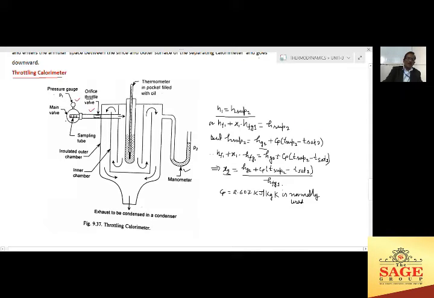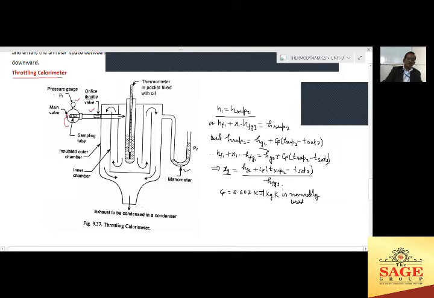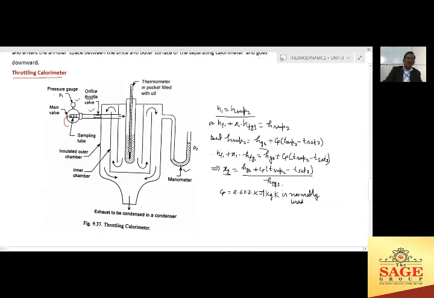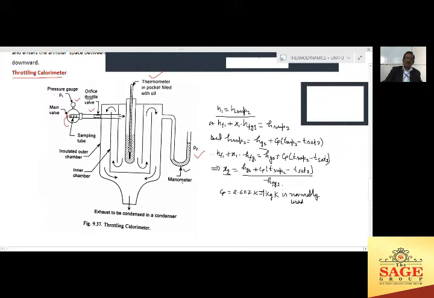This is the main valve, and the sampling tube is there. From this section the wet steam will enter. Here we are also using a thermometer for measuring the temperature, and a manometer for measuring the pressure.